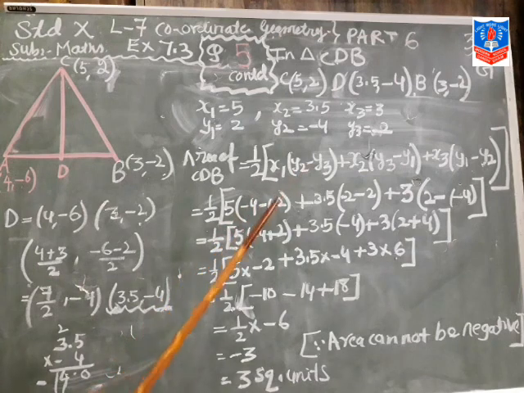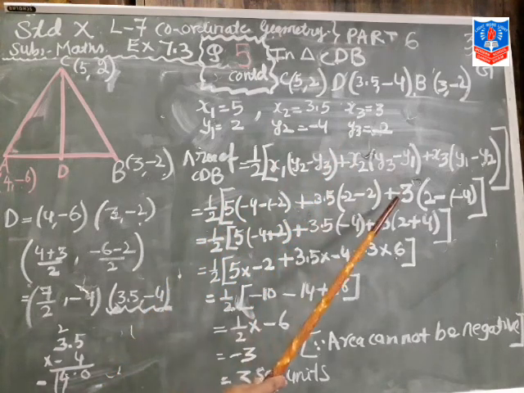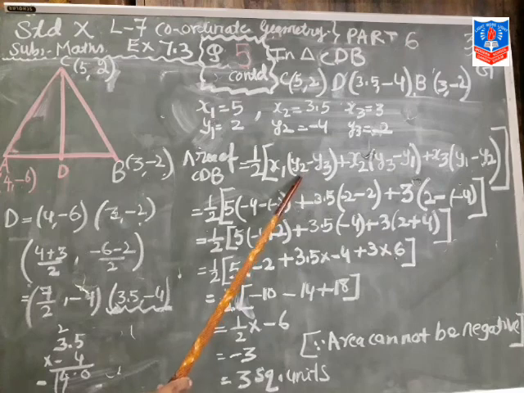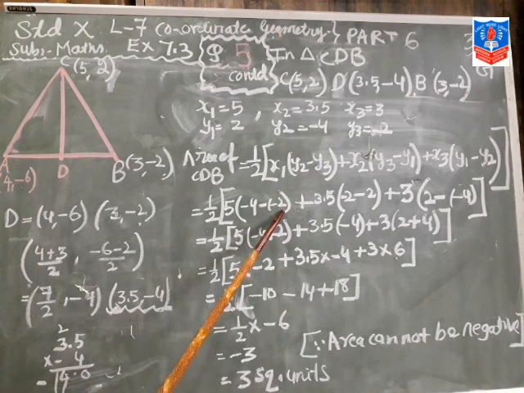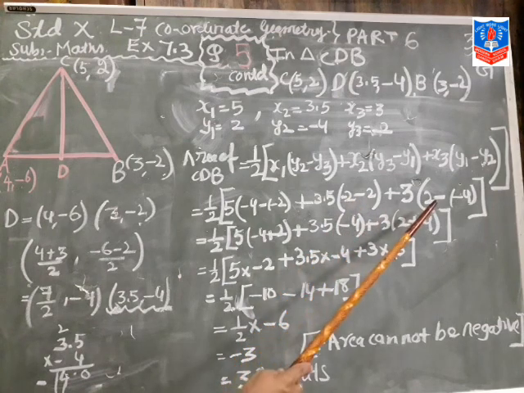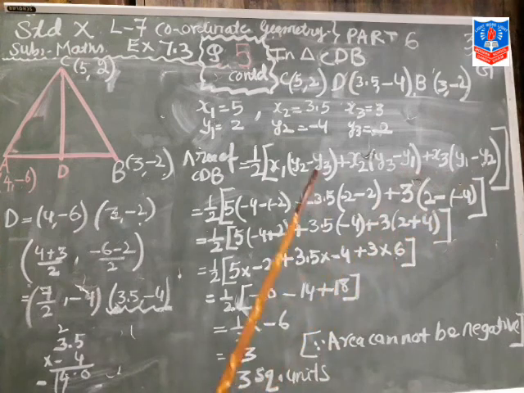Here we have to be very particular about the sign. So the X1 is 5, X2 is 3.5, X3 is 3. Then Y2 is minus 4, Y3 we write minus 2 inside the bracket. So minus 4 minus, plus 2. Here minus 2 minus 4. Clear children? Now it is a good practice.